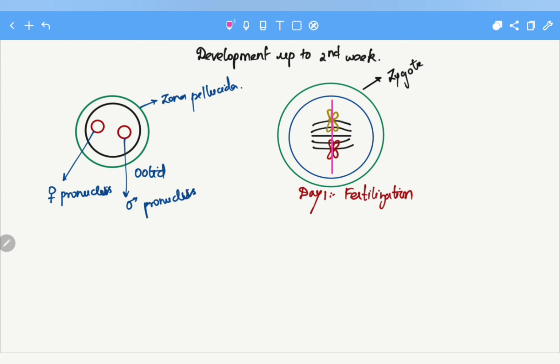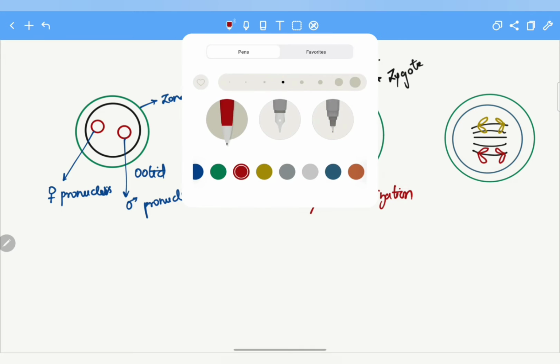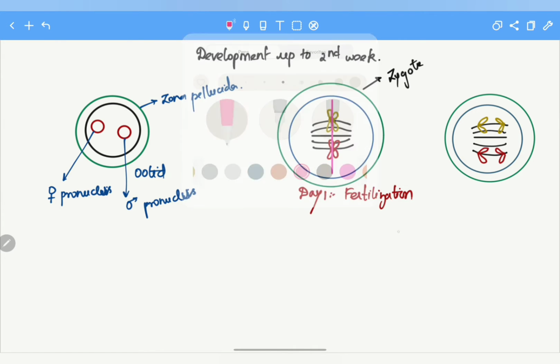The sister chromatids start moving towards the opposite poles. Then a cleavage furrow appears in the middle. This is the initiation of the cleavage of a zygote.